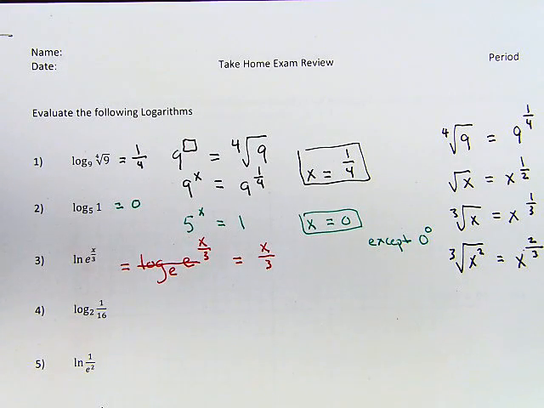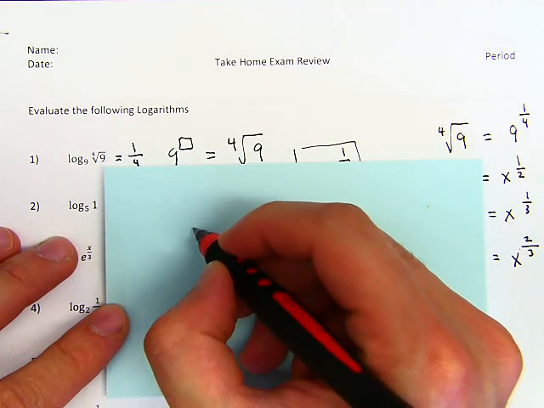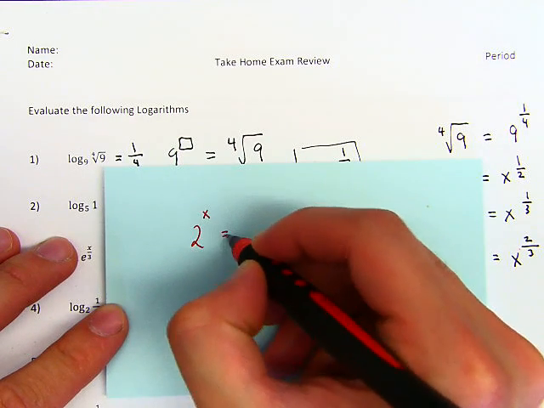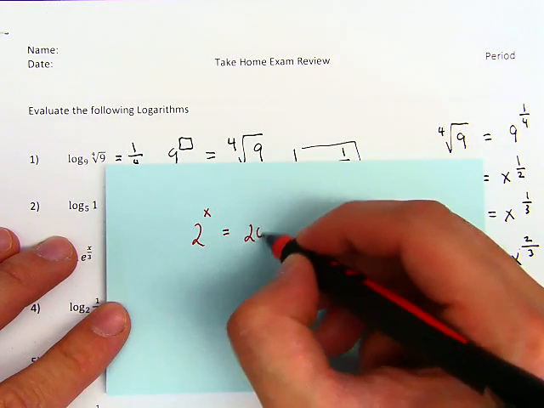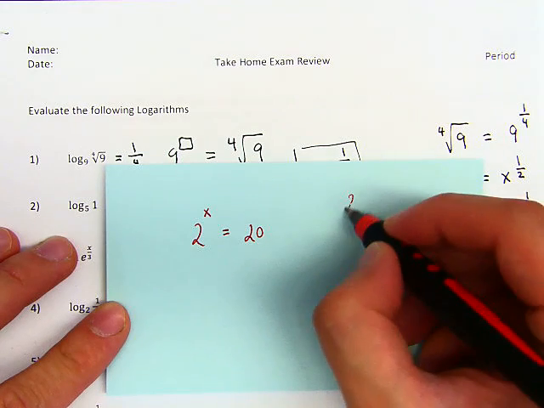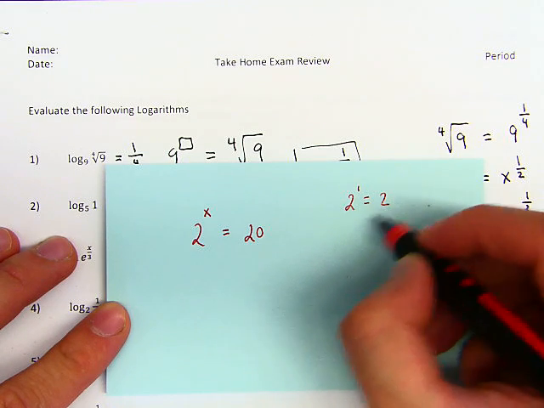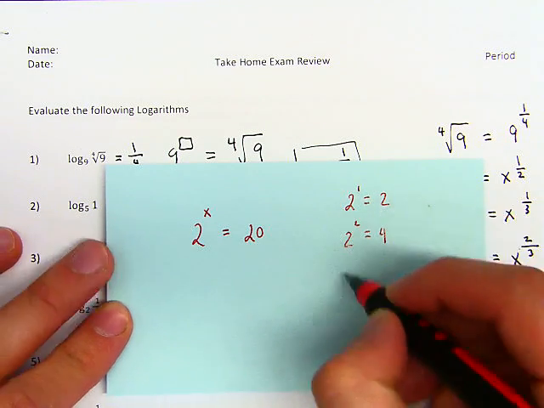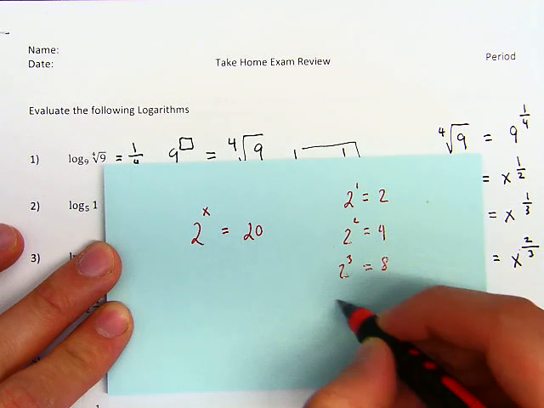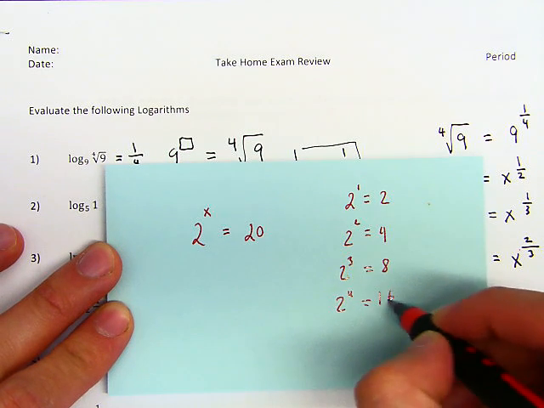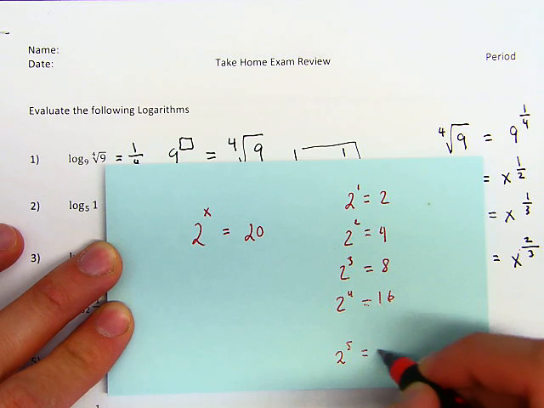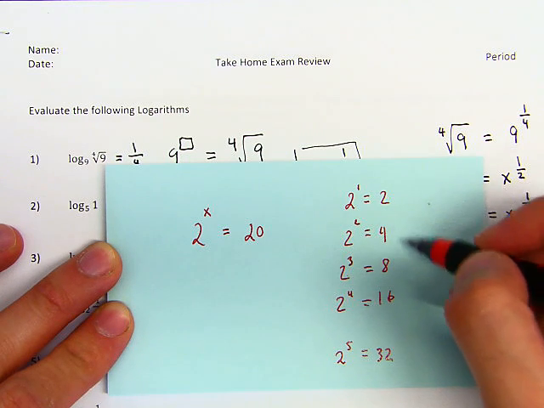Let me do another one for you. Let's say I want to solve this equation, 2 to the x is equal to 20, right? We know that 2 to the 1 is 2. 2 to the 2 is 4. 2 to the 3 is 8. 2 to the 4 is 16. 2 to the 5 is 32, right? We just keep doubling.